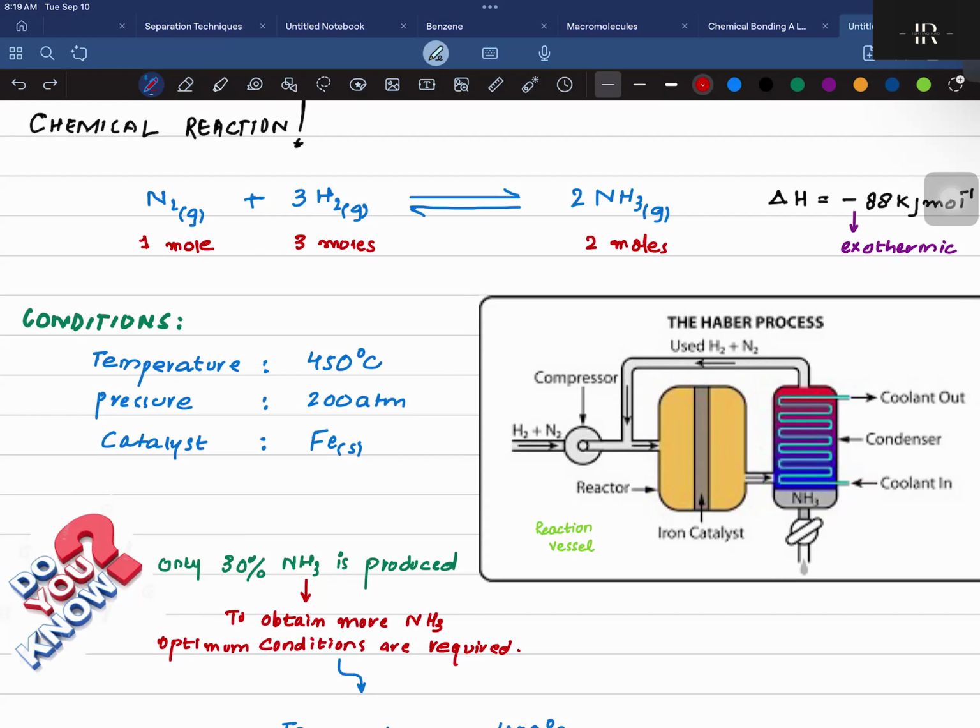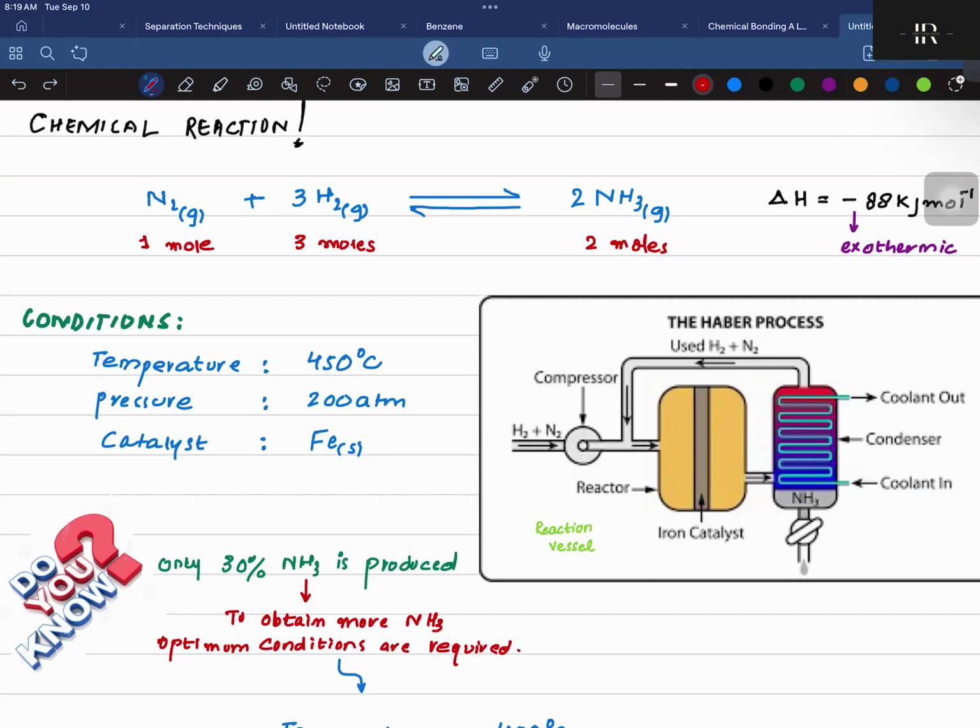Once the product is formed, obviously the product would be reversing back to the reactant side because this is the nature of this reaction. So I can say that only 30% ammonia is produced.